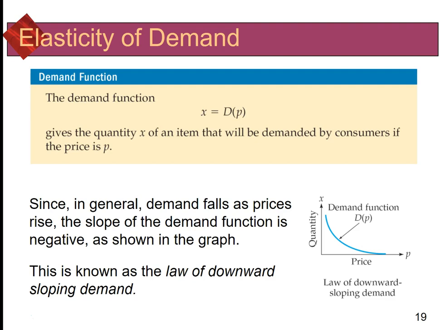As we do this calculation of elasticity of demand, the demand function is represented by the quantity demanded, given by a function D of P, where P stands for the price.